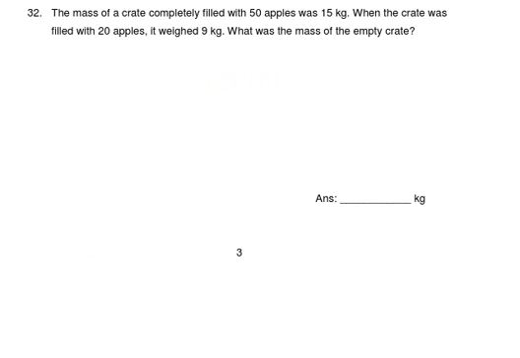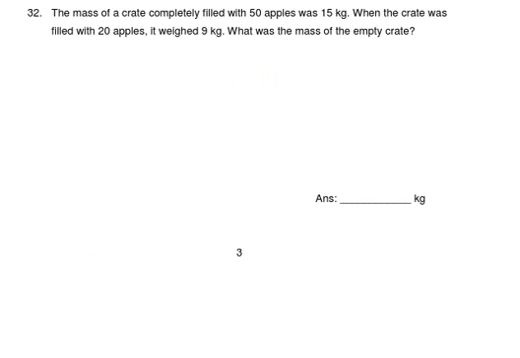Okay. Let's settle down. Let's look at question 32. The mass of a crate completely filled with 50 apples. So there's 50 apples inside the crate. Was 15 kg. Okay, so now I'm going to ask you a question.